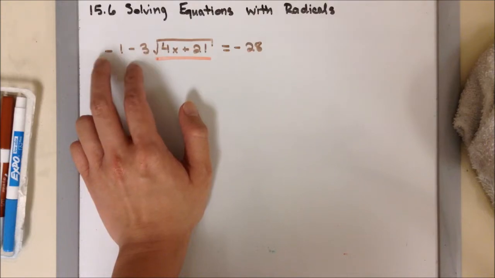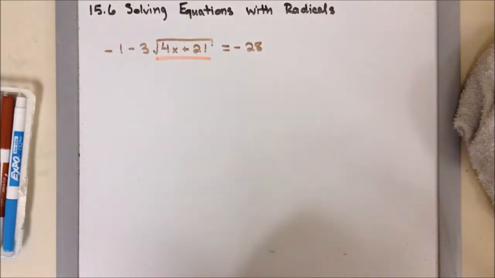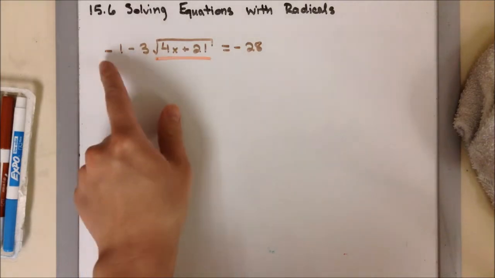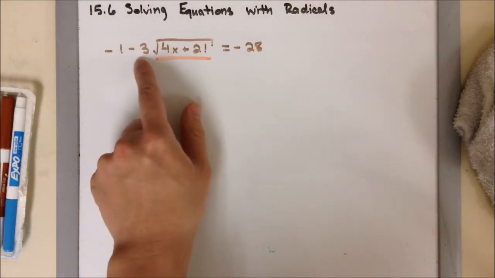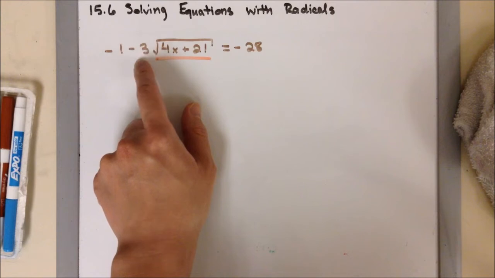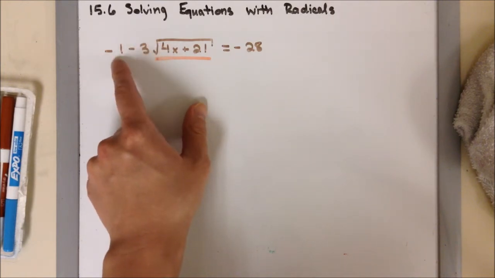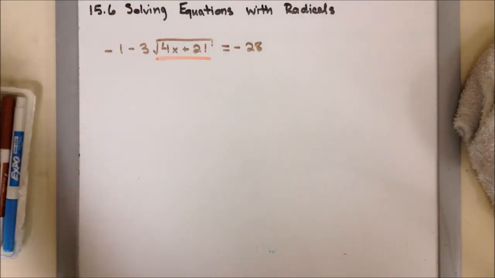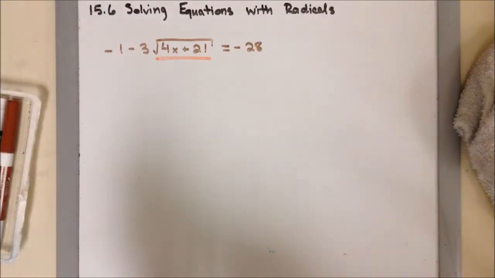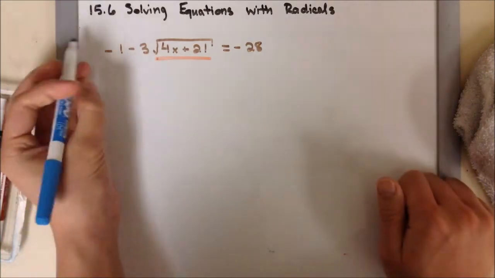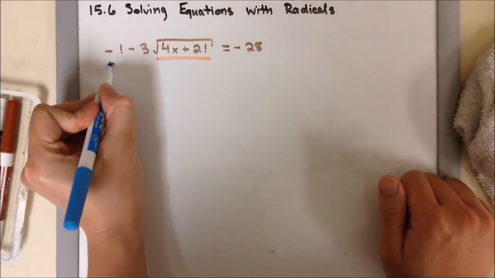So when there are multiple steps, the first thing you want to cancel out is this -1. We're not going to mess with the -3 yet because it's multiplying the square root. This one, the -1, is not. We're going to cancel this one first. The opposite of -1 is +1, or add 1.